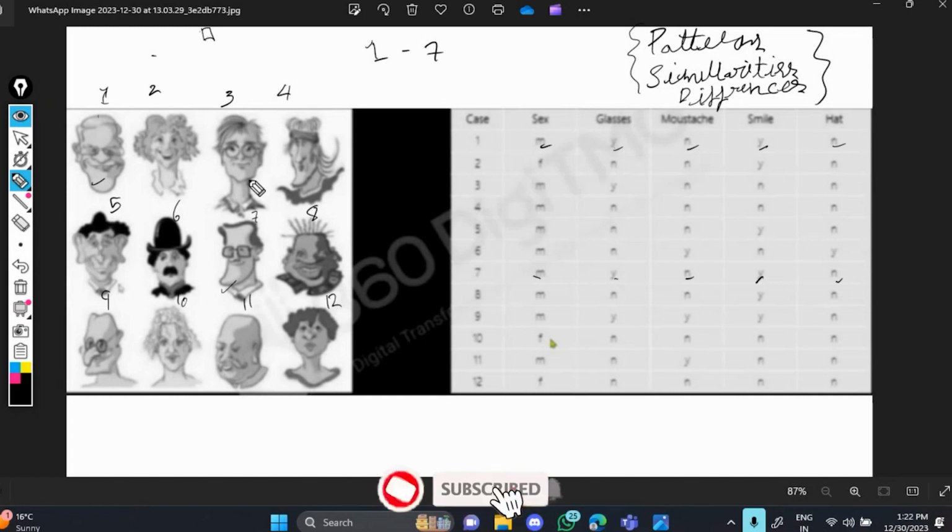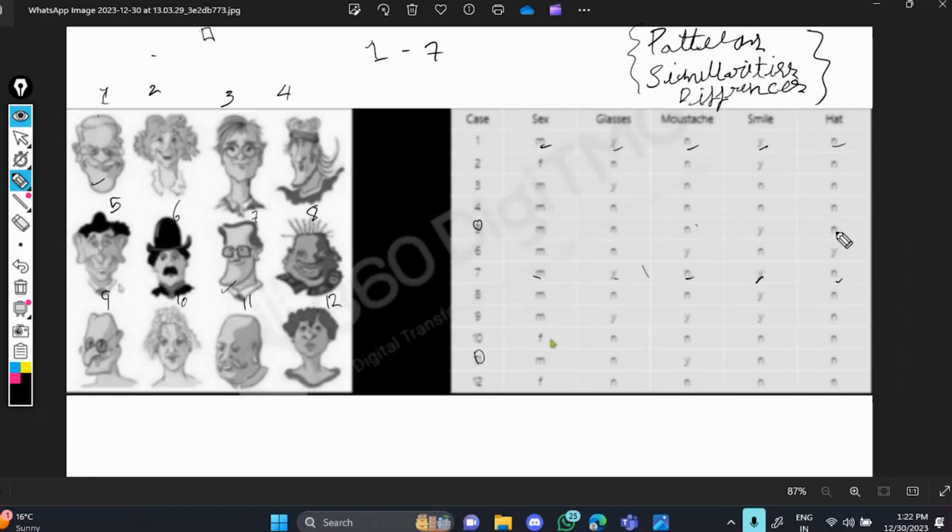If we want to check other clusters also, 5 and 11, I guess. Let me check. Both are males. Both are not wearing glasses. Both don't have a mustache, right? Both are smiling.